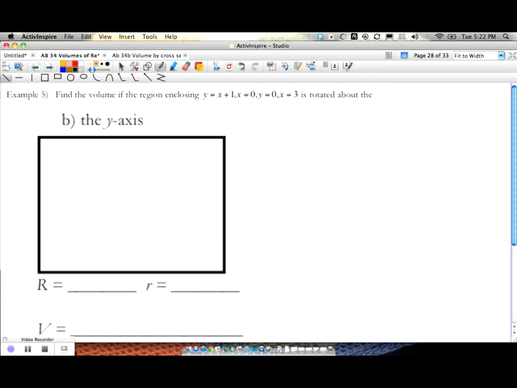Now when we're going around the y-axis, we're actually going to need to look at this a little more carefully. We still have that same equation, y equals x plus 1. We're still going out to about 3 here, which means that we hit 4 on the y-axis.